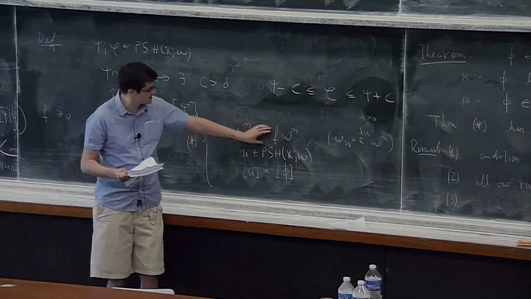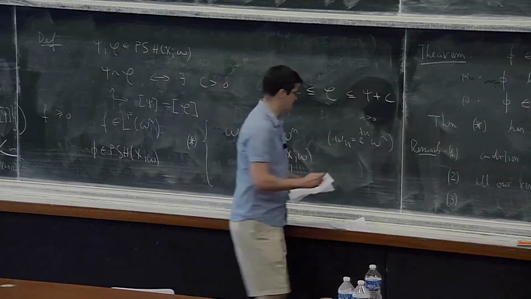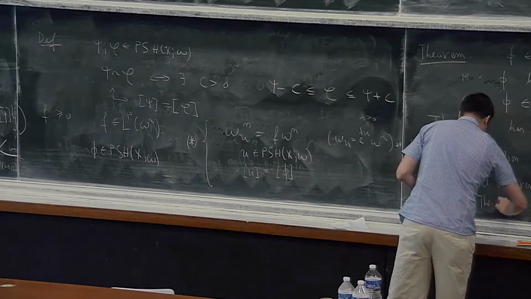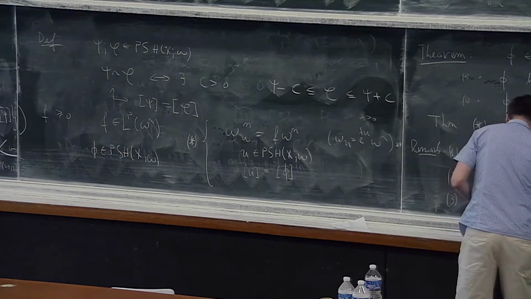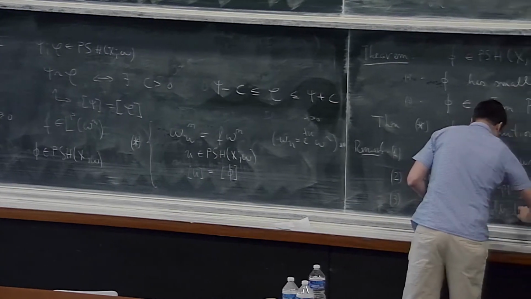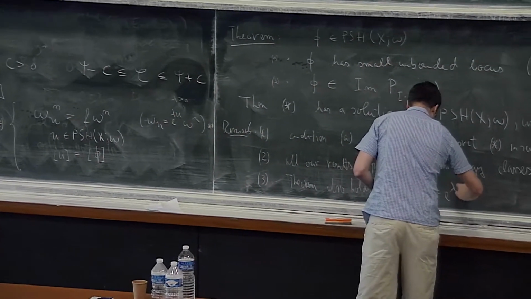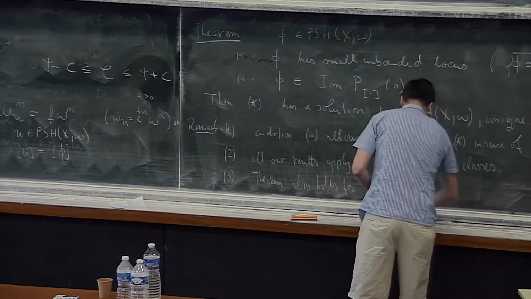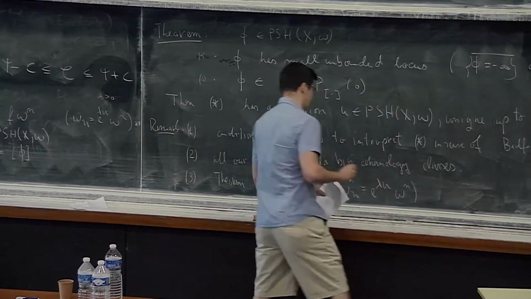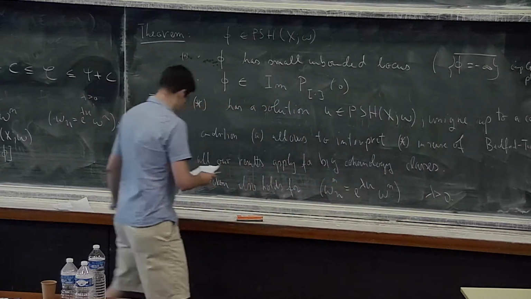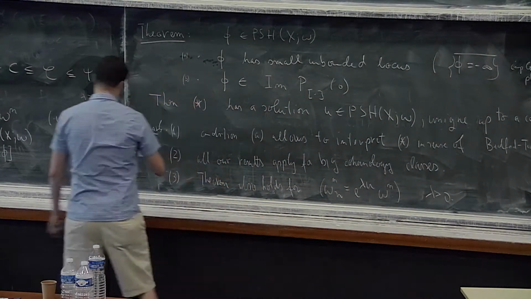You replace this equation with this equation. So maybe I want to call this double star. So the theorem also holds for this equation, with lambda positive, of course. So it's the exact same theorem, the exact same conditions. Okay.